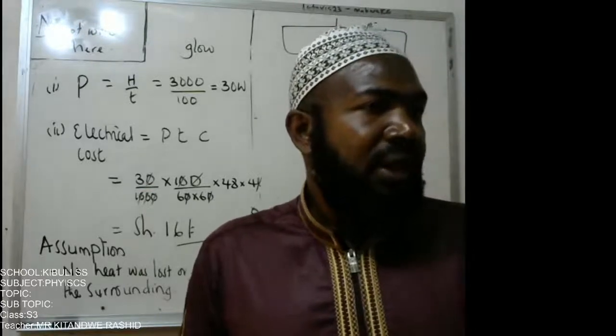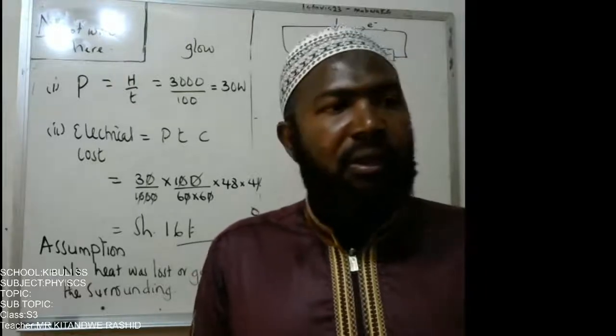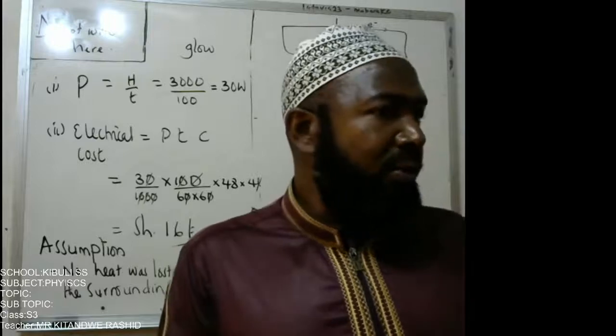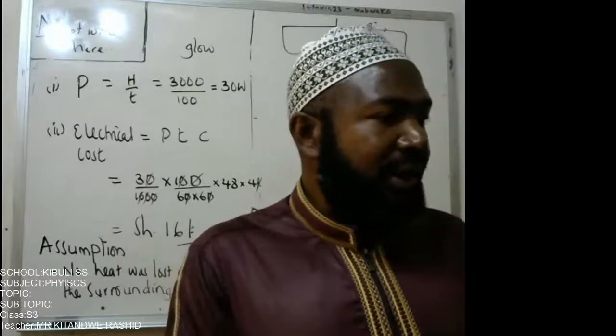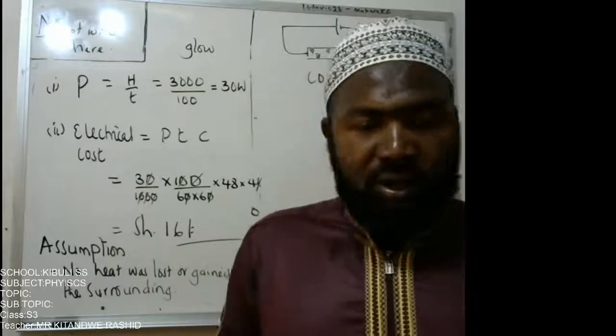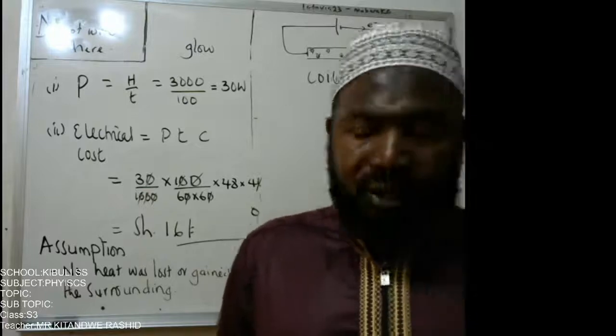So what happens? The earth wire carries away the current to the earth. So the fuse in the live wire will blow and then cuts off the supply. So in that way, the earthing prevents electrical shock.